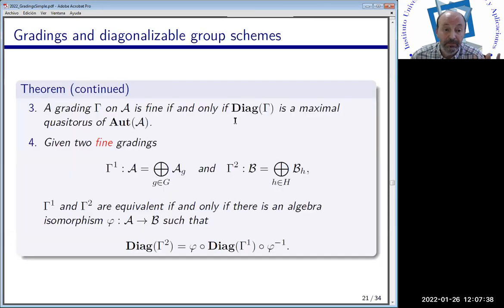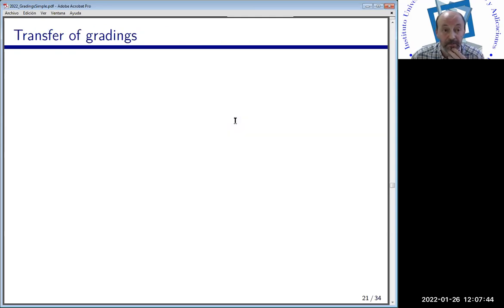And one interesting thing about all this is that we have a tool to transfer gradings.